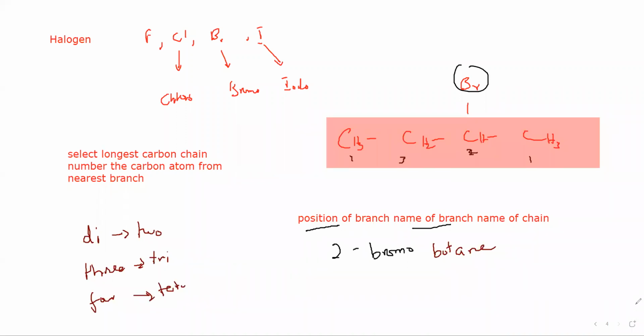Another example. Less than a minute, I think a minute left. So I will just quickly go through this example, and in the next session, the next link, I will complete this. So CH3 is there, CH2. So this is our first carbon, 1, 2, and 3. So first position and second position, we have a branch, so I will say 1, 2.